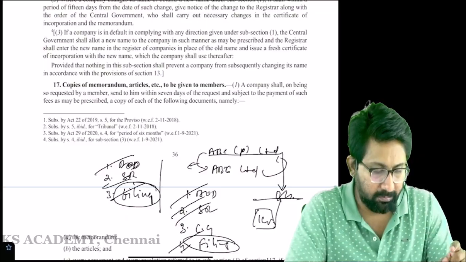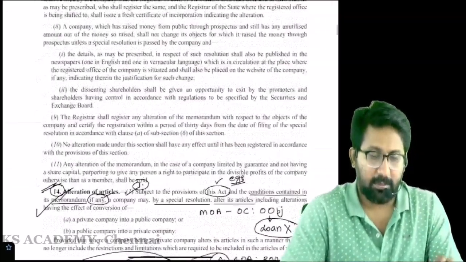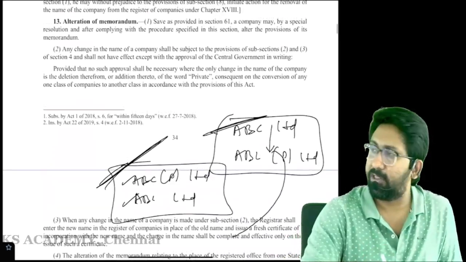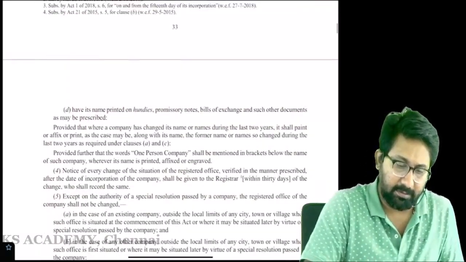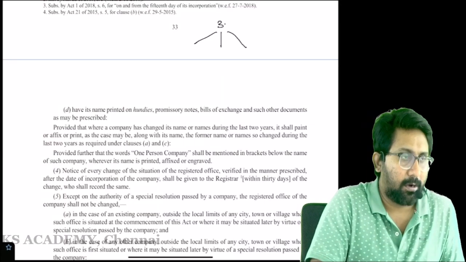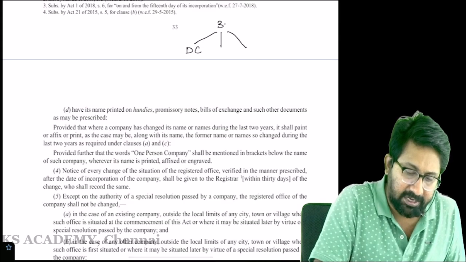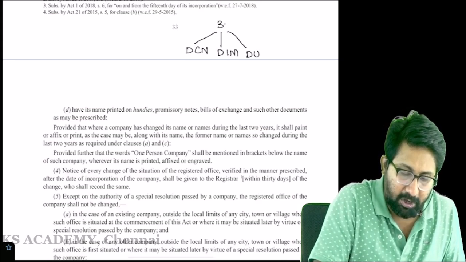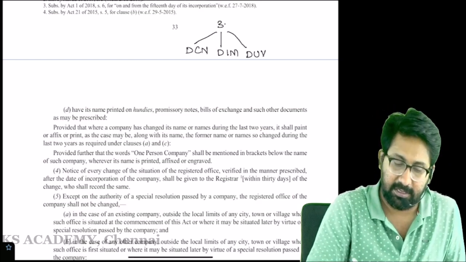So let's continue. First, there are totally 3 types of doctrines: doctrine of constructive notice, doctrine of indoor management, and doctrine of ultra vires.